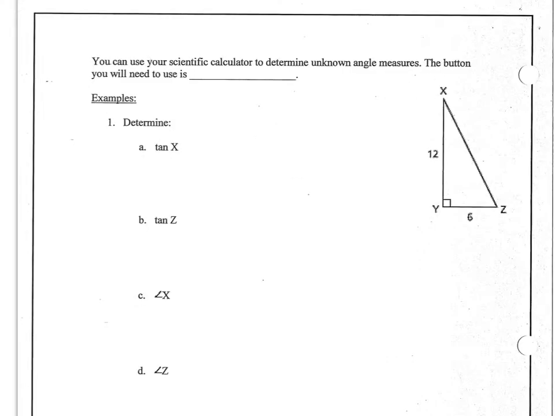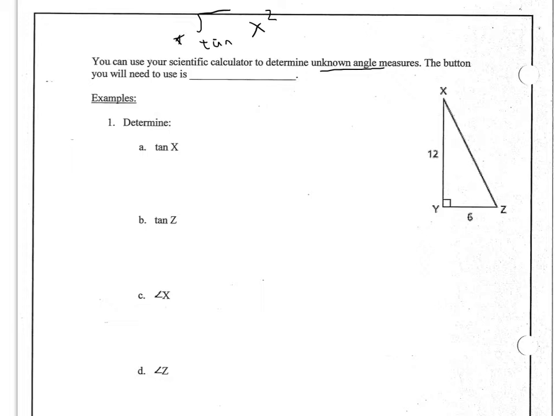You can use your scientific calculator, and remember, a scientific calculator is anything that has things like square root or tan for tangent or x squared. You use your scientific calculator to determine the unknown angle, so any angle that you don't already know.